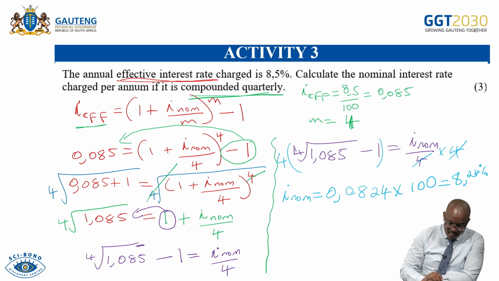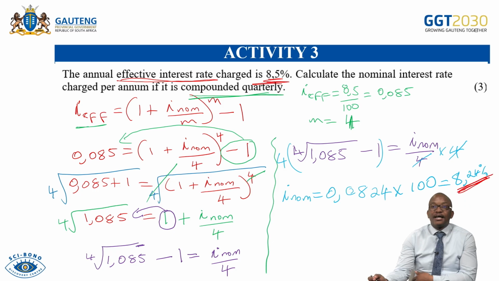So remember, we have mentioned that your effective interest rate will always be bigger than your nominal interest rate. You can see that your nominal interest rate is as small as 8.24, and then your effective interest rate was 8.5.